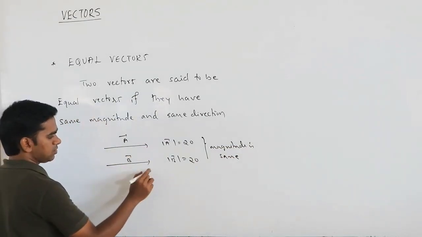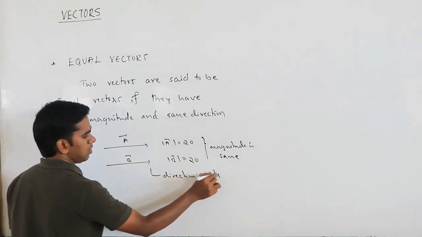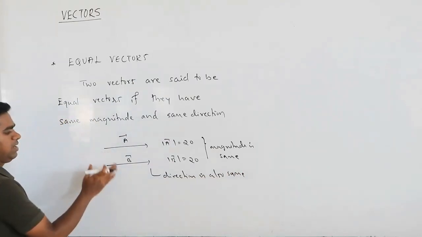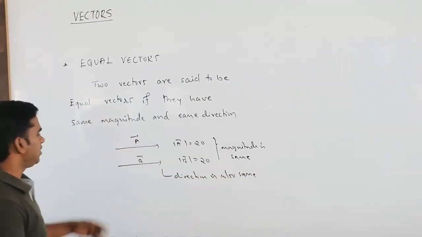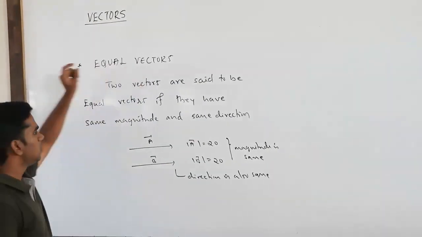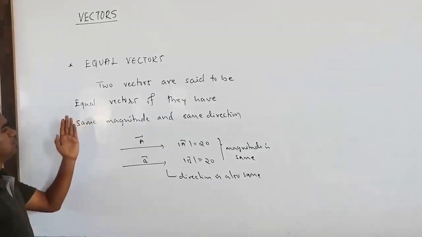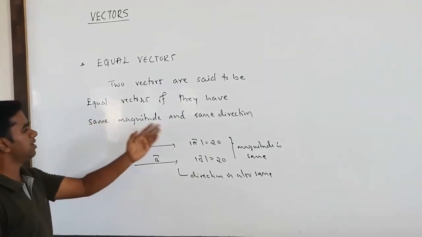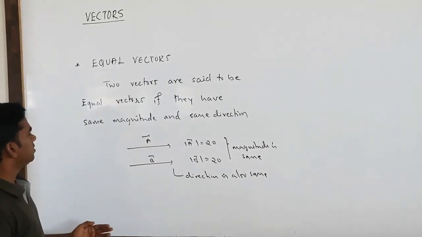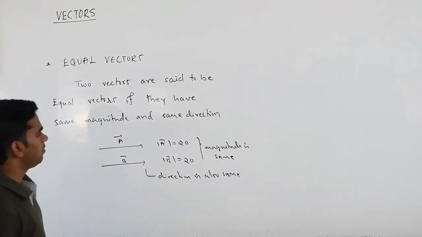If both magnitude and direction are same, then those kinds of vectors are equal vectors. Any vectors whose magnitude is equal and direction is also same, we call them equal vectors.